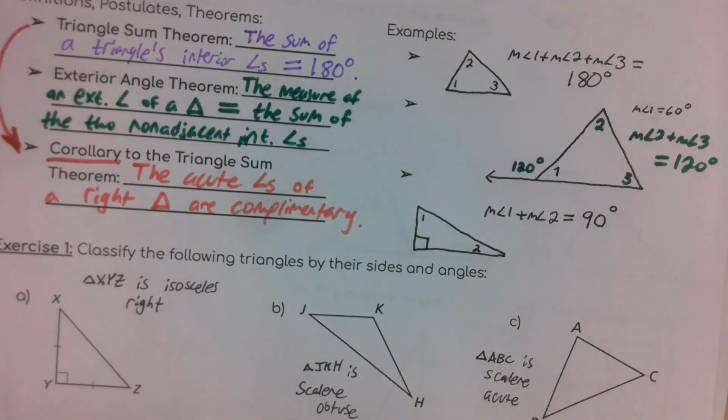The measure of an exterior angle of a triangle equals the sum of the two non-adjacent interior angles. It kind of sounds like word salad, but it makes more sense when we're presented with a problem where this actually comes into play.